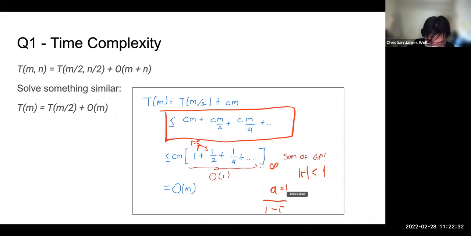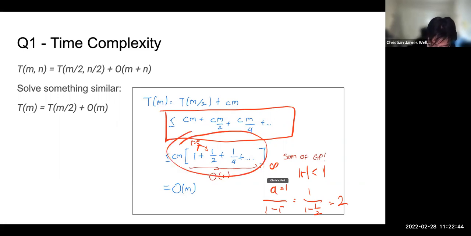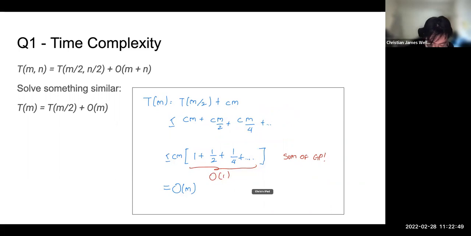This is 1, so we have 1 minus a half, to get 2. So this entire thing is bounded by 2, or it's simpler to say it's bounded by a constant, O(1). So this recurrence is O(m).